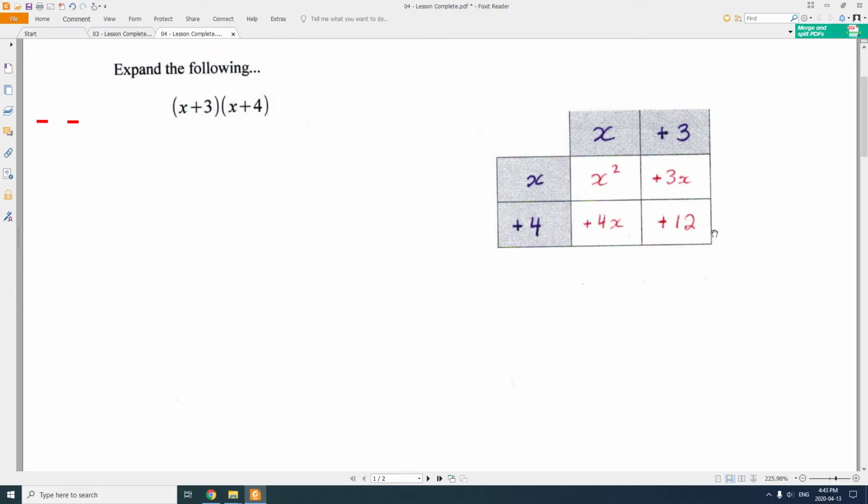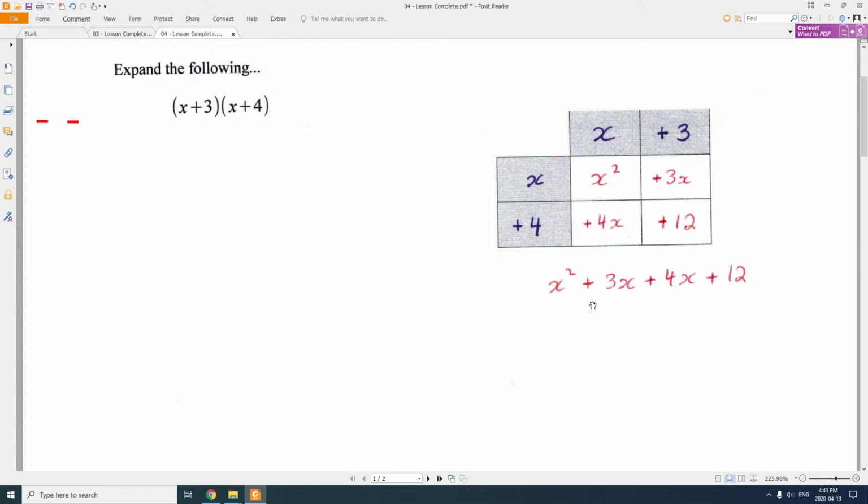All we need to do is just simplify it down and rewrite it here. So I'll start by just kind of rewriting it here. So I've got x squared, and then I have a plus 3x plus 4x plus 12. Okay, that's my expanded form. That's my standard form. But we can simplify it a little bit further because I noticed that the 3x and the 4x, those are like terms.